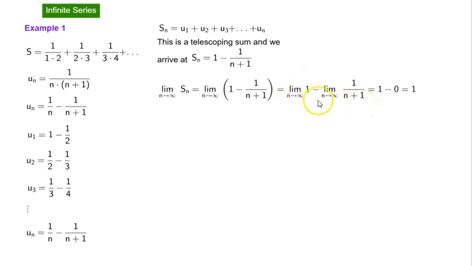This is a constant, so it remains 1. Here n is in the denominator, so that means this goes to 0. So we have 1 minus 0, which is equal to 1. So the limit as n goes to infinity of S sub n is equal to 1. So the limit is finite. That is, the series S converges to 1.